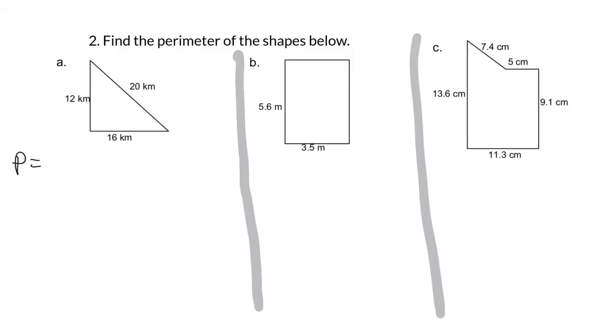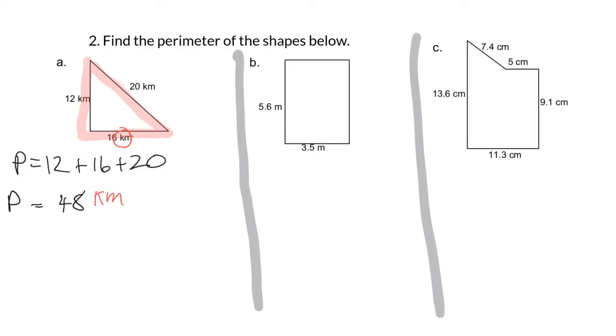So I'm going to have 12 plus 16 plus 20. Add them all up, and you could write 48, but you need to recognize that the sides of this triangle are all measured in kilometers. So we must say that this is 48 kilometers. And then put your answer in a box.